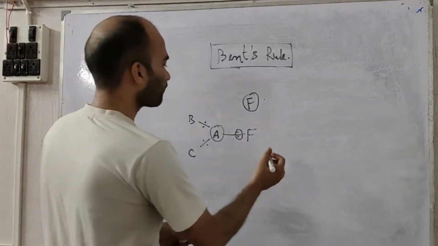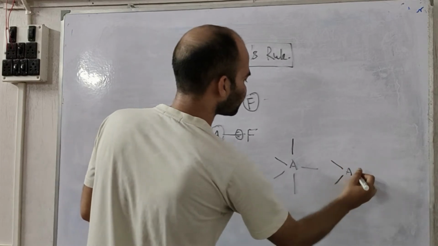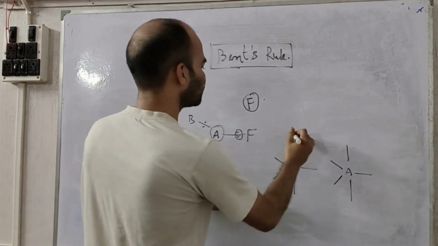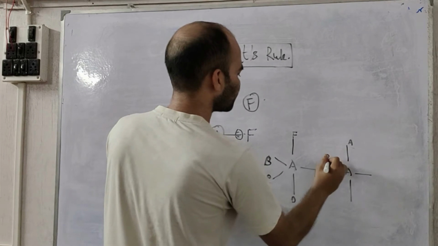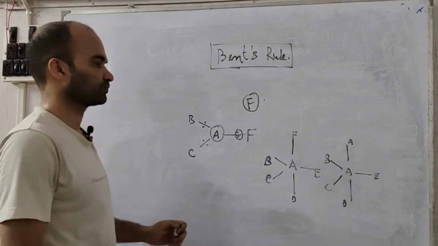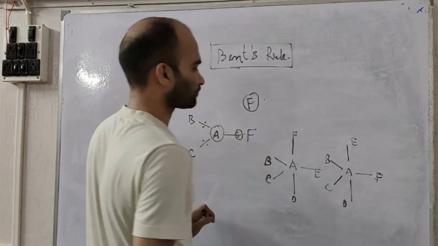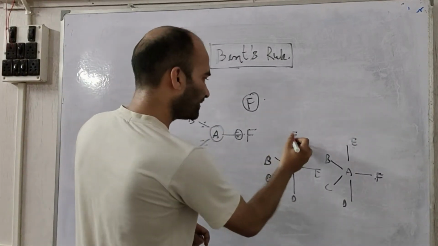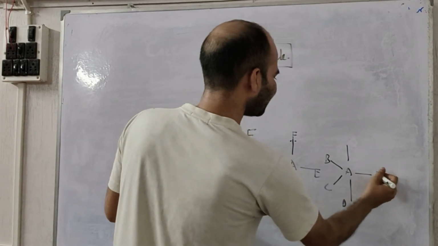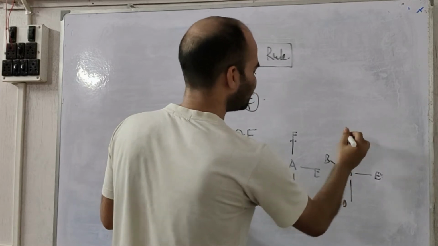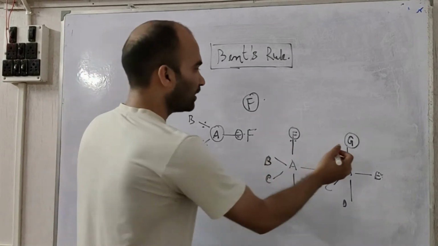It looks like that. If we have a structure like this, B, C, D, E, and here rather than F we assume any atom G which has not that much electron density as F. Now F has greater electron density and G has normal electron density.